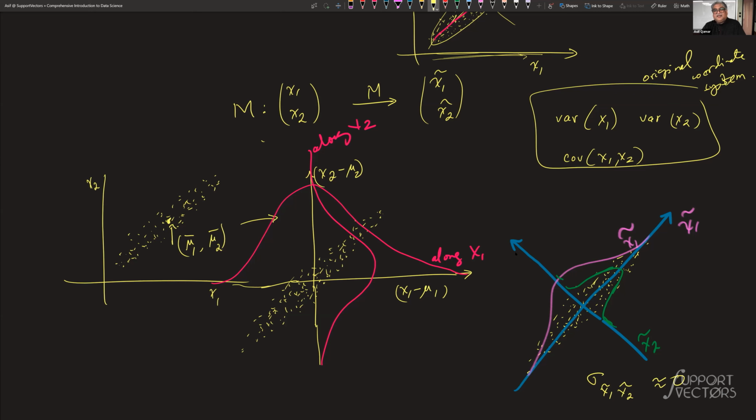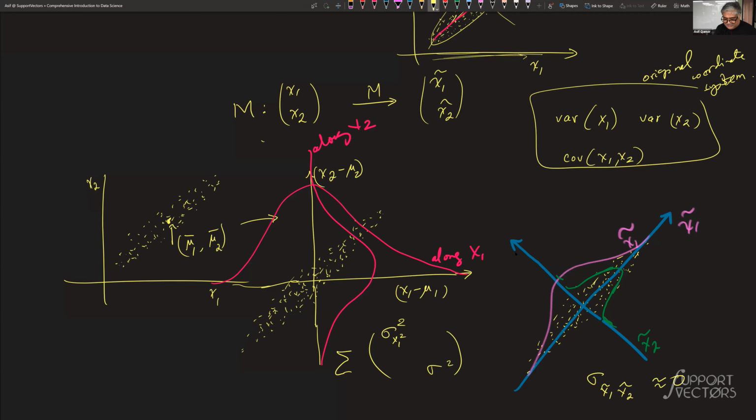Am I making sense? On the other hand, in this picture, signal is there on both the directions along x1 and x2. So here the covariance matrix will have the component sigma x1 square. By the way, forgive me for being sloppy with the notation.